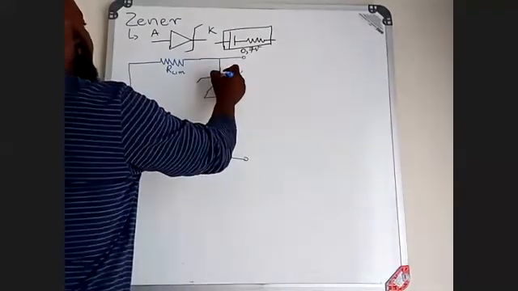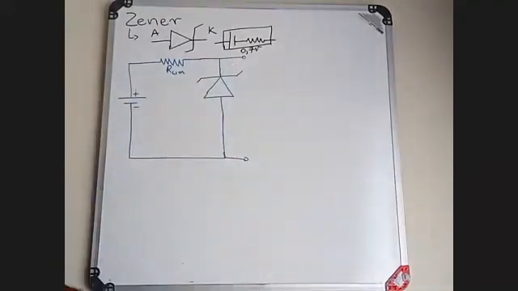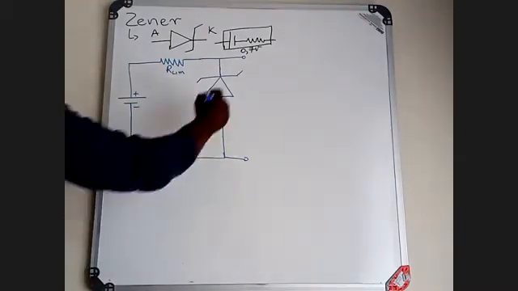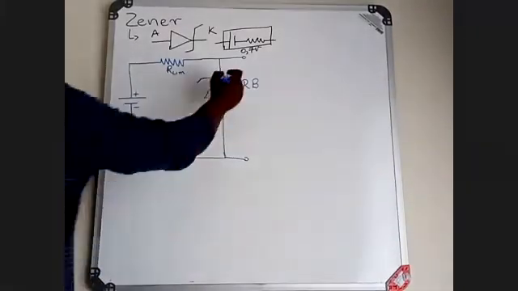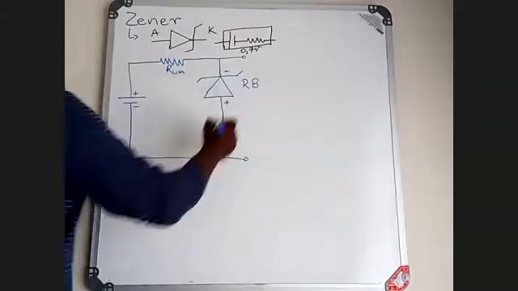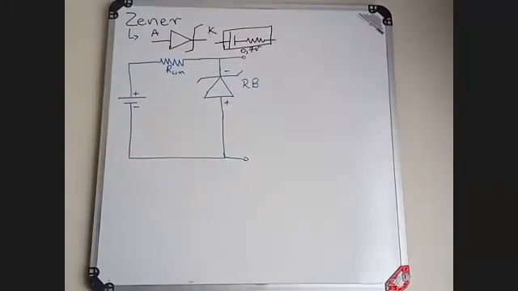For it to regulate and give you a stable output voltage, it must be connected in reverse bias mode. When it is connected in that manner, you will get the characteristic workings of a Zener diode.